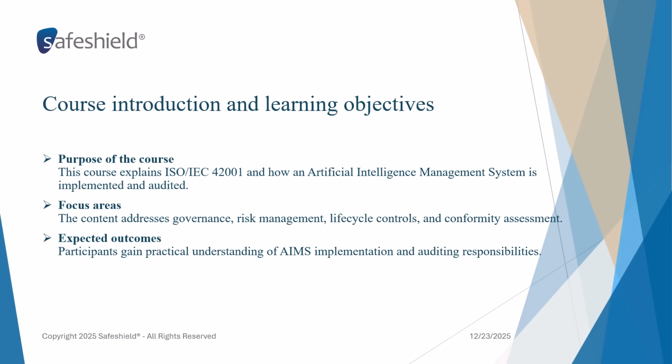Participants will also be able to distinguish between implementation activities and audit activities, understand how controls are selected and evaluated, and recognize how ISO 42001 aligns with other frameworks, such as the NIST AI Risk Management Framework and emerging regulatory requirements, including the EU AI Act. By adopting a structured, standards-aligned approach, professionals ensure that AI systems remain reliable, explainable, and beneficial to society, reinforcing the trust that underpins sustainable AI innovation.